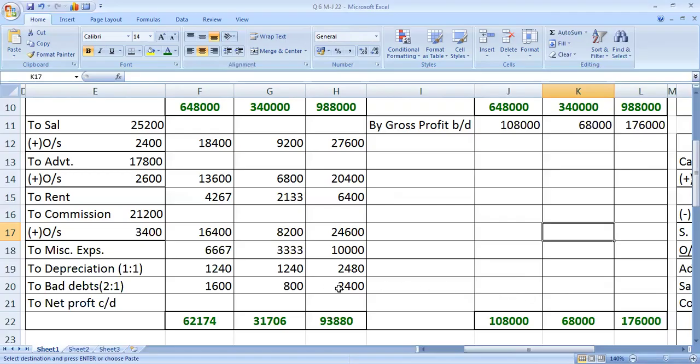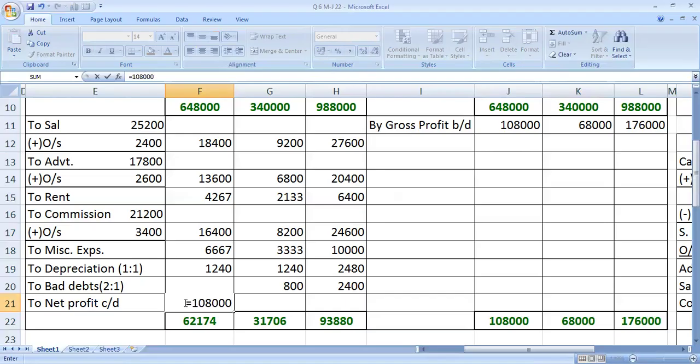It is more than the debit side, which means in that profit and loss account there is net profit. 1,08,000 minus 62,174, net profit of the department software is 45,826.